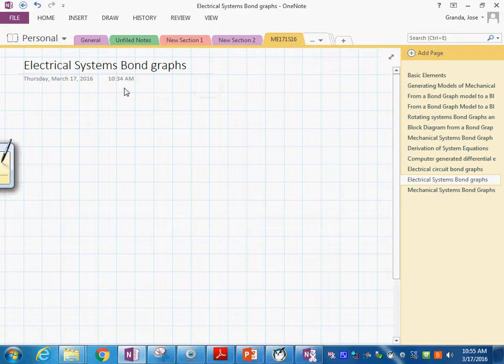But let's say we have a circuit where we have this kind of thing, and then we have an element over here like this, and you have this element down here would be like this, and we have one that goes as an inductor like that, and then we have another one that goes like this.